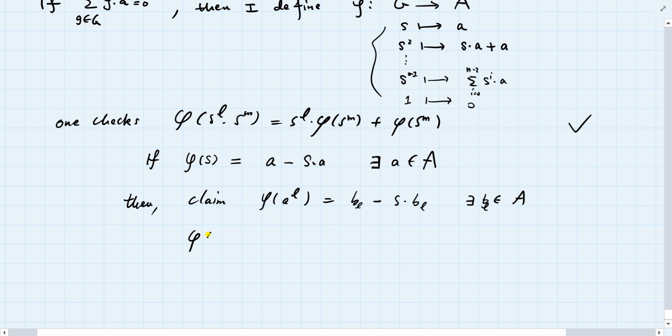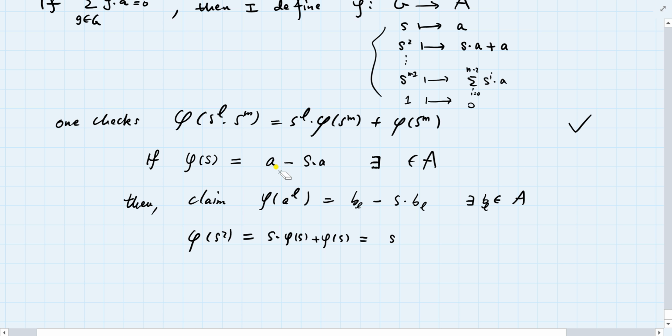Let's just check it. So if I say this, then phi square is S. Sorry, here's not A. This is phi A precisely. Phi S is, well, this is misleading.